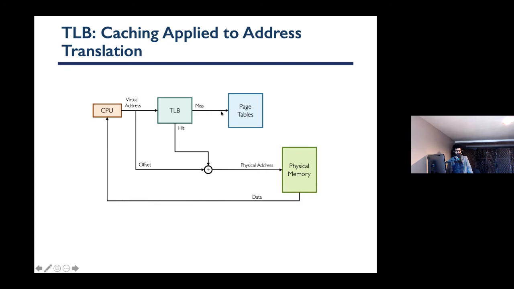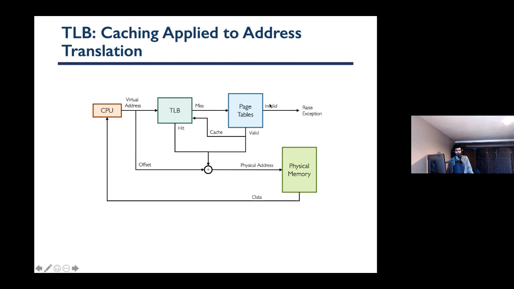If it misses, then you're going to go to the page table. If you find that the virtual page you want to translate has a valid translation, then you do the translation, you bring the translation that you just did and cache it in your TLB, and then you use it to access physical memory.